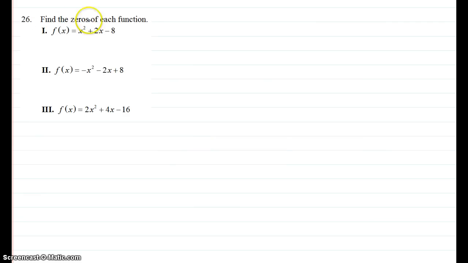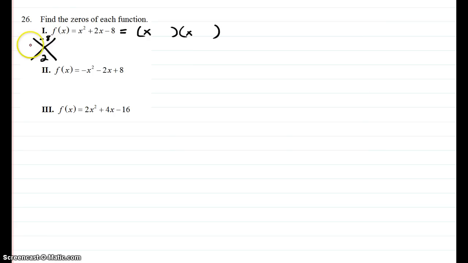Alright, 26, find the zeros of each function. So hopefully by now you can look at this and factor it. If you can't, you can always draw the x. 1 times negative 8 is negative 8, and they have to add to 2. So what numbers multiply to negative 8 but add to 2?